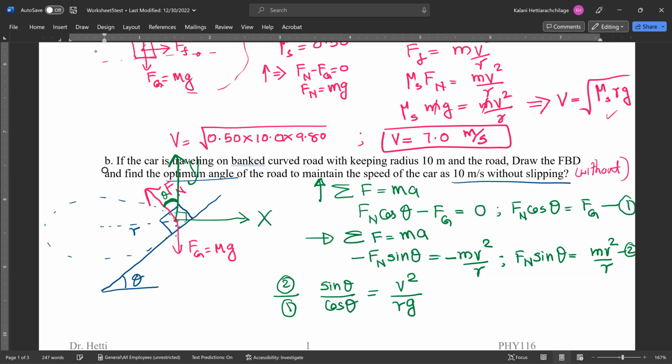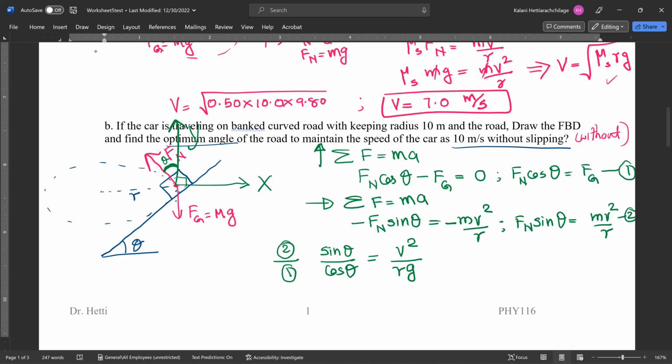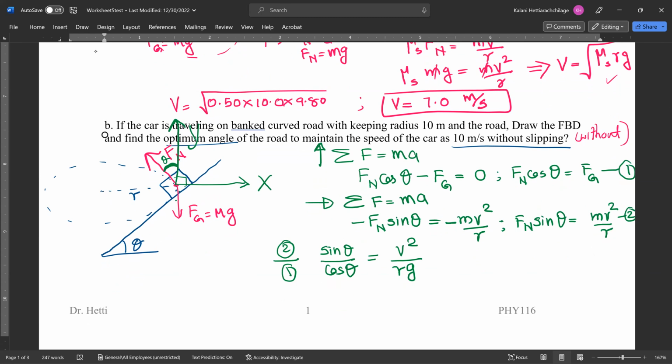Okay, because Fg is mg, m will cancel out. So now, sine of theta divided by cosine of theta is tangent theta equal to v square over rg. So now theta will be tangent inverse v square over rg. Since we have all the numbers, we will be able to find it.